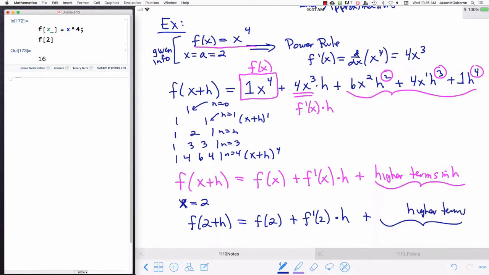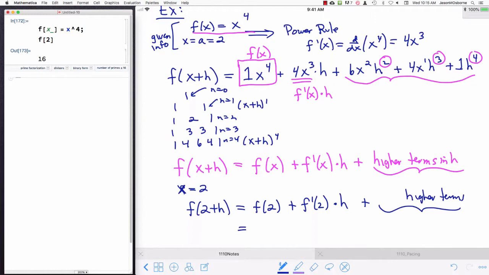Those higher terms, I'm just going to go up here to the function, put in 2. f of 2 is equal to 16, f prime of 2, 4 times 2 cubed is 8, so that would be 32 times h. I'm putting 2 into 6x squared, so that would be 4 times 6 is 24h squared.